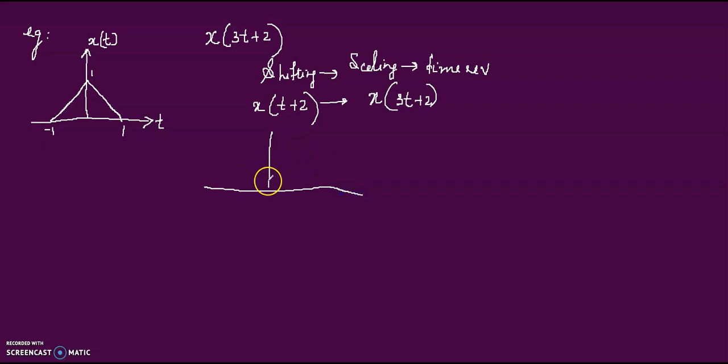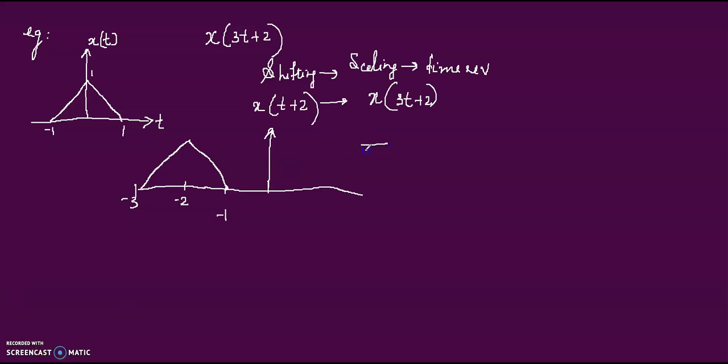T plus 2 means we have to shift this signal left by 2 units, that is, bring this point 2 units this side. This should come at -1. Therefore, we can draw the signal like this, with -2 and -3. This is x of t plus 2.